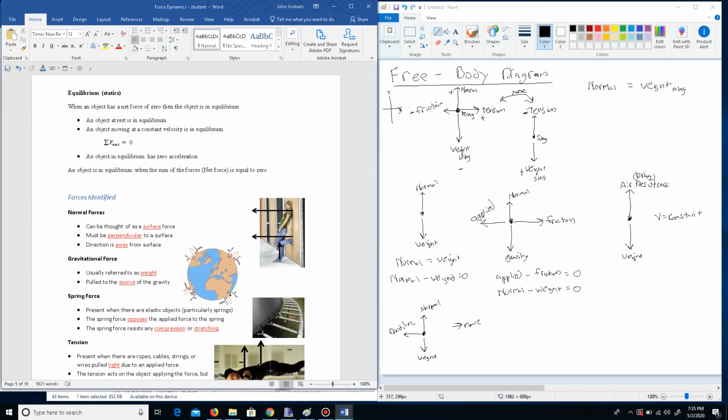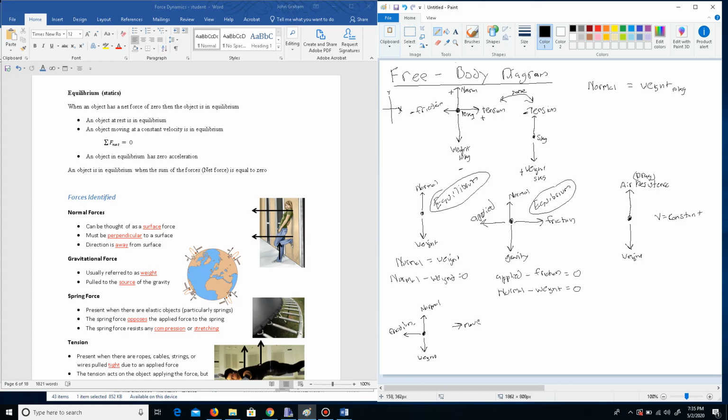Okay, if you notice a lot of these, you have what's called equilibrium. Up here you had equilibrium. For this crate you had equilibrium. It's moving at a constant velocity or it's at rest.